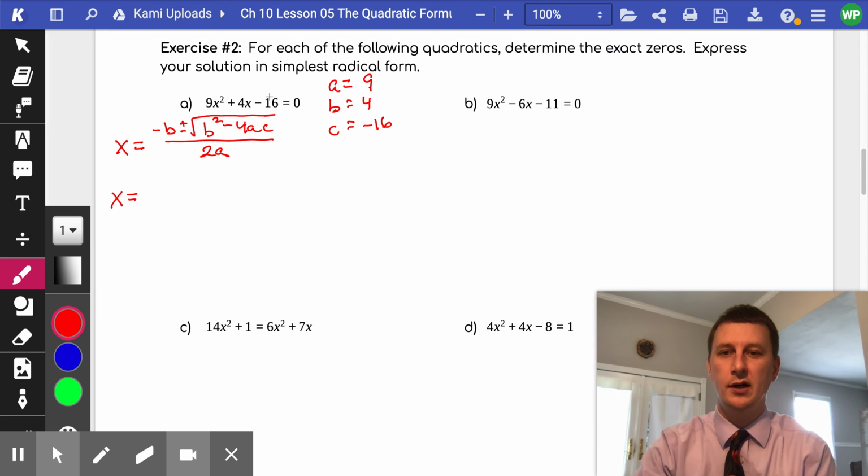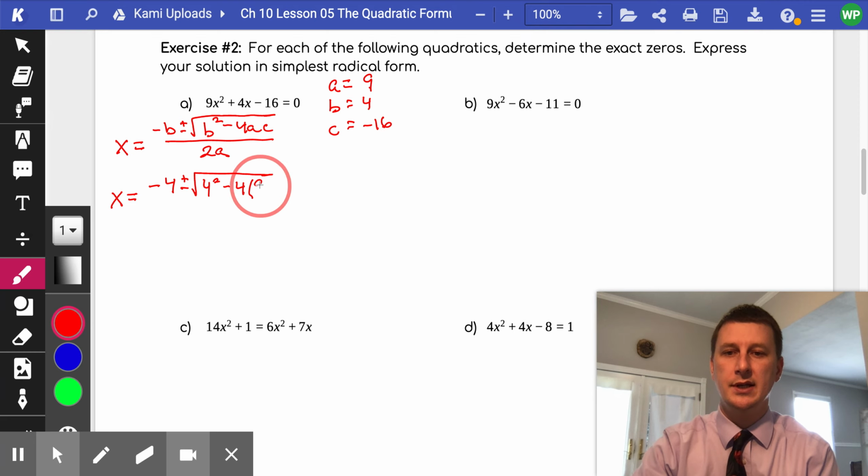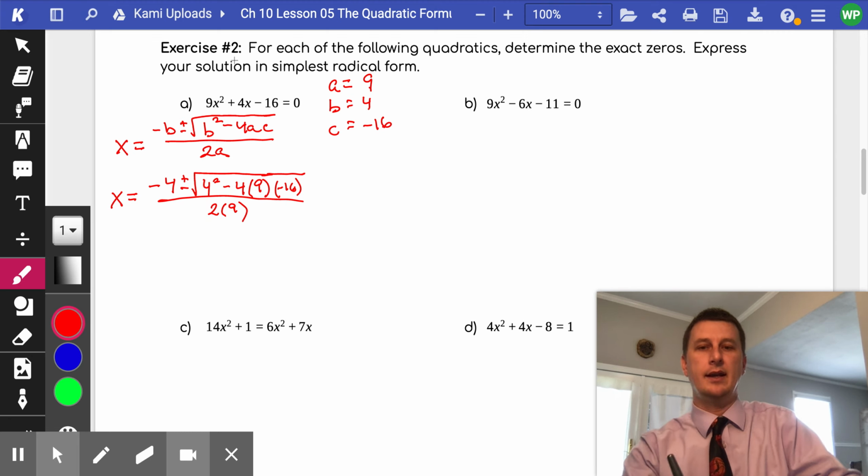So we have negative, well, b is 4, so negative 4 plus or minus the square root of 4 squared minus 4 times a, which is 9, times c, which is negative 16, all divided by 2 times a, which again is 9.